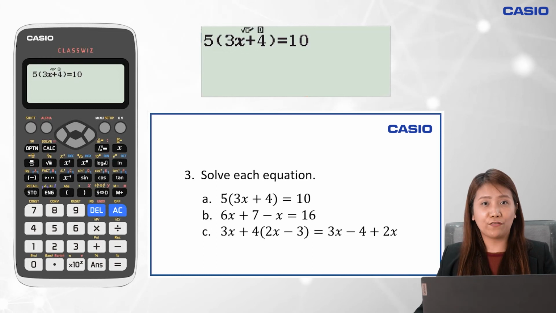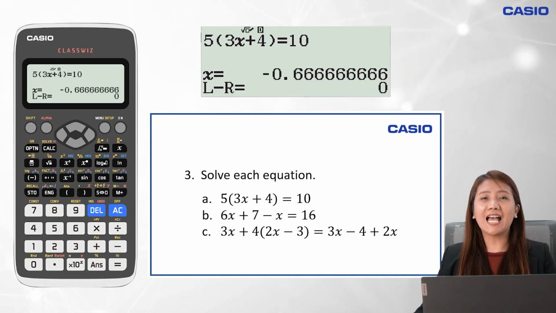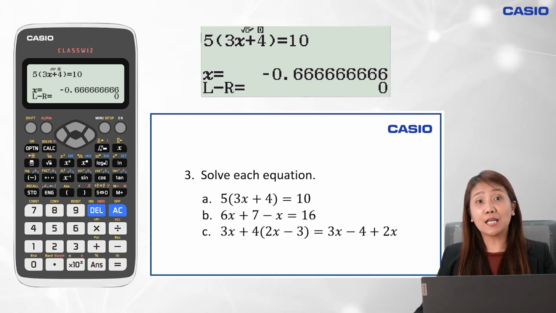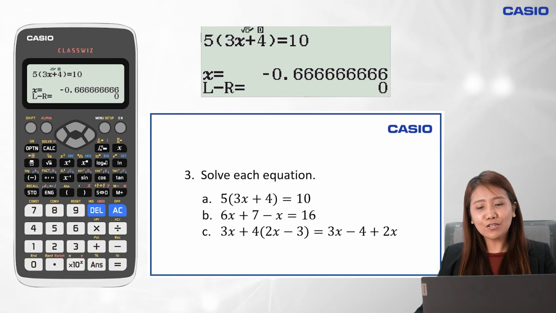We press shift calc, followed by equal sign, and the answer is approximately negative 0.67. So that's the solution of the given equation.